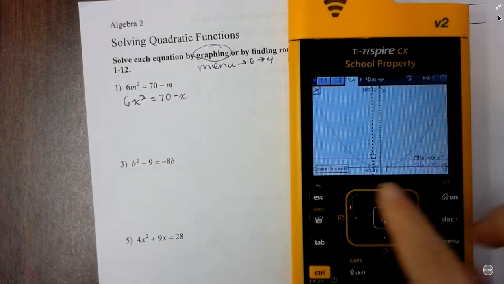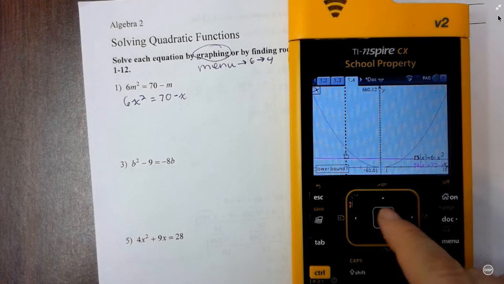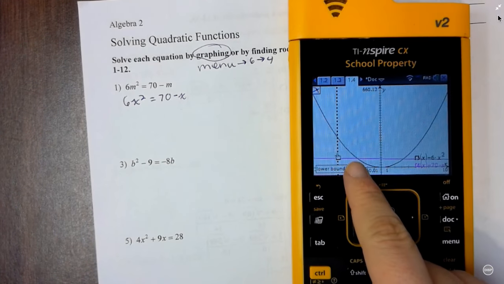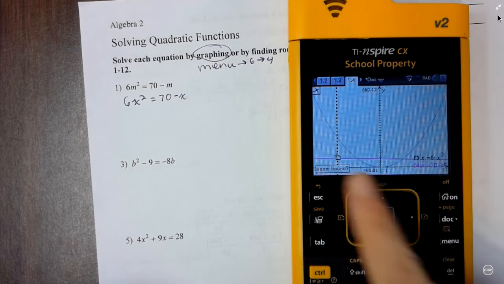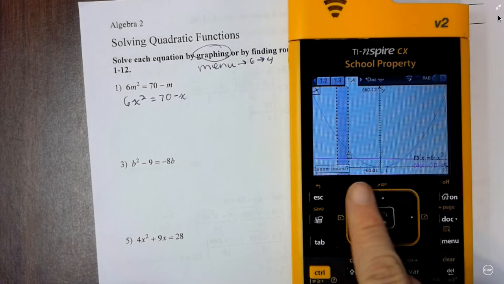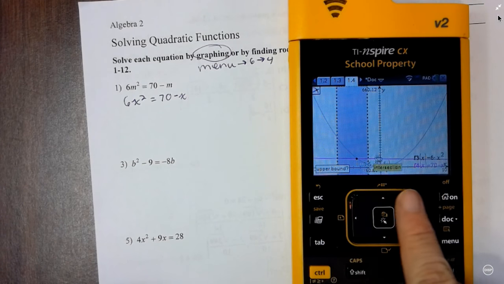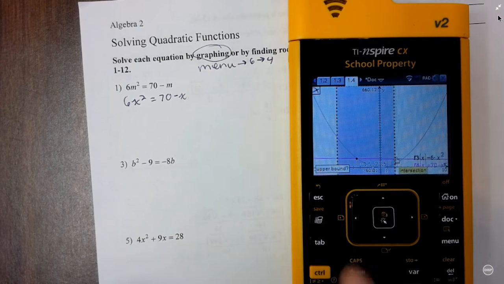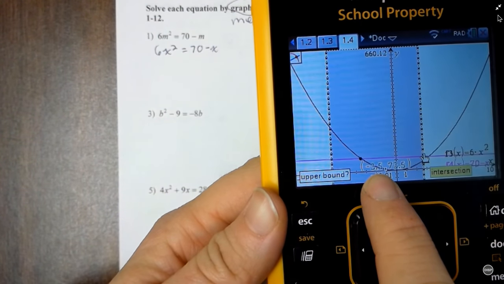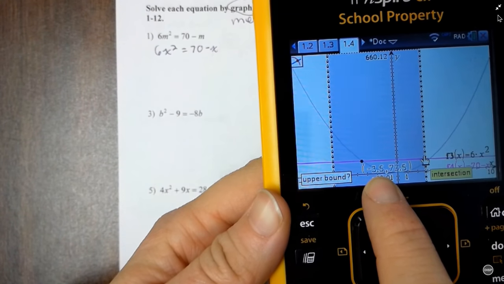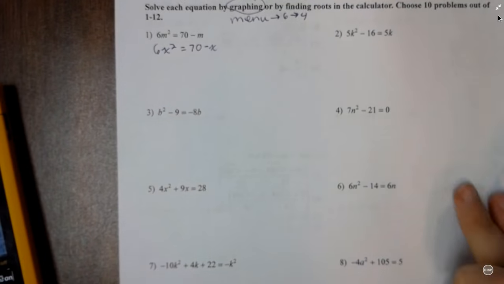Okay, so remember when it says lower bound, go to the left somewhere. Just make sure you're to the left of the intersection points and click. And once it changes to upper bound, then you can carefully slide across. Okay, so the first intersection point, that x value, if you can see it, is negative 3.5. So one of my solutions is x equals negative 3.5.